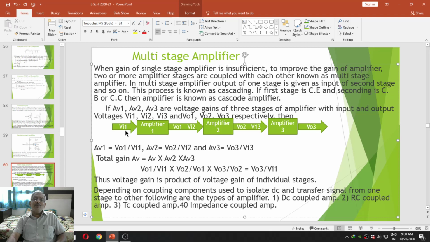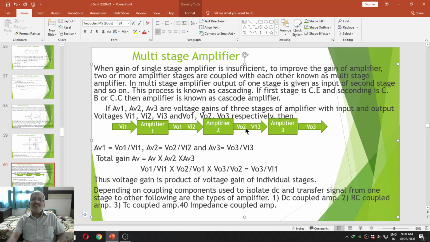Here Vi is the input of amplifier 1. It produces the amplified output voltage VO1. VO1 is input for amplifier 2, which is to be represented as VO1 is equal to Vi2. It is amplified by the amplifier 2 and produces the output voltage VO2. VO2 is the input for amplifier 3.